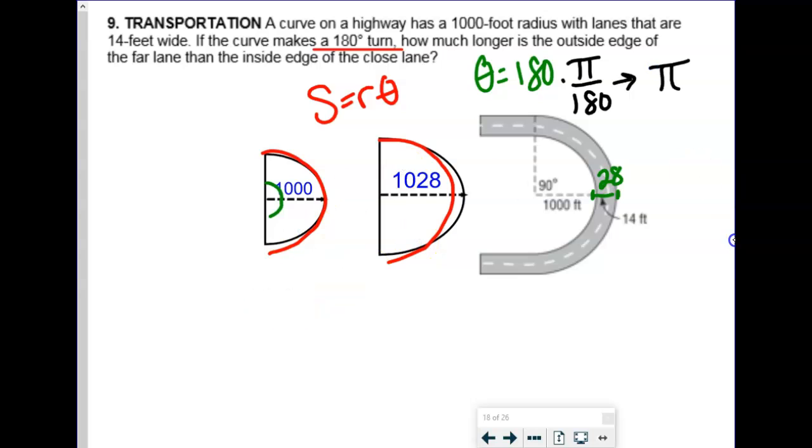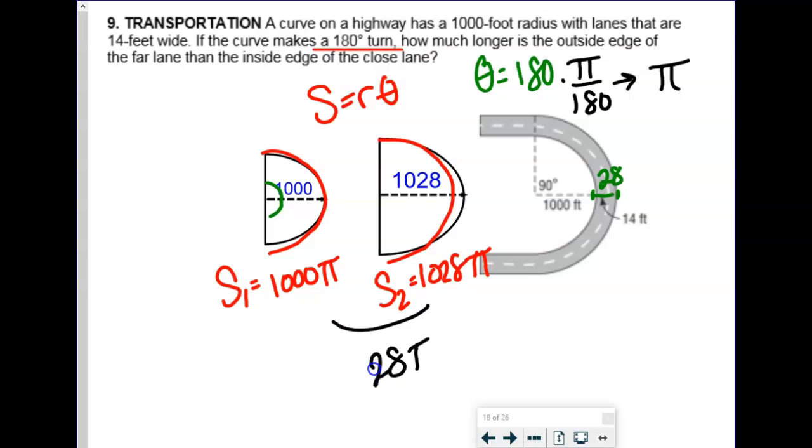So the smaller arc would be 1,000 times pi, and the larger arc would be 1,028 times pi, and the difference between them would be 28 pi, which humans don't talk like that. Can you crank that in the calculator? Is it about 88 feet? I think it comes out to about 88 feet.